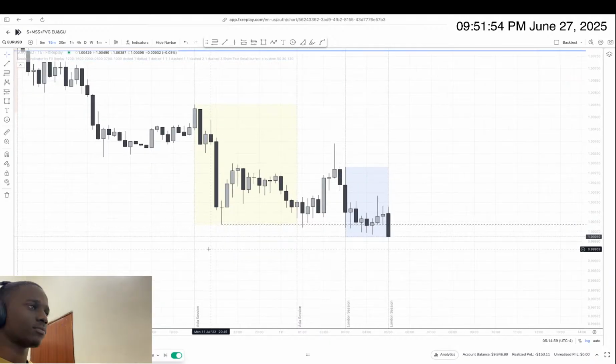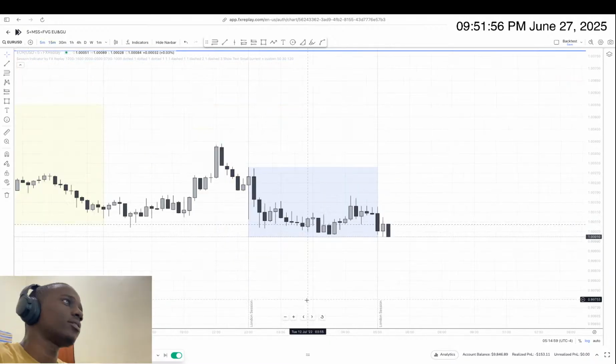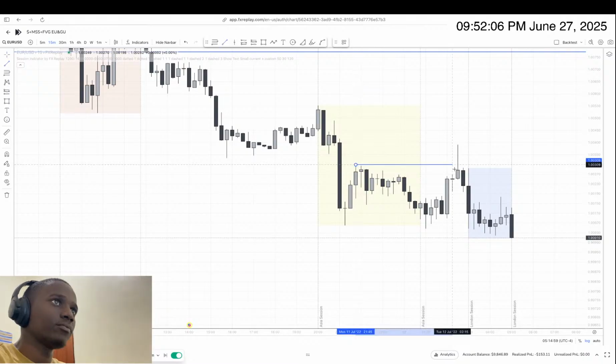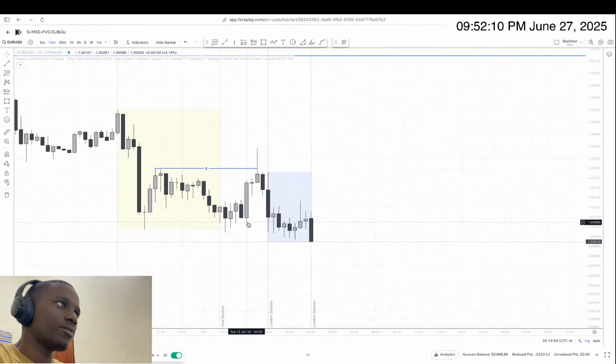Let's look at this on the 5 minute, because you can see we have a nice sweep of the highs from Asia. And on this low, we closed below it, because this is also another low inside here.